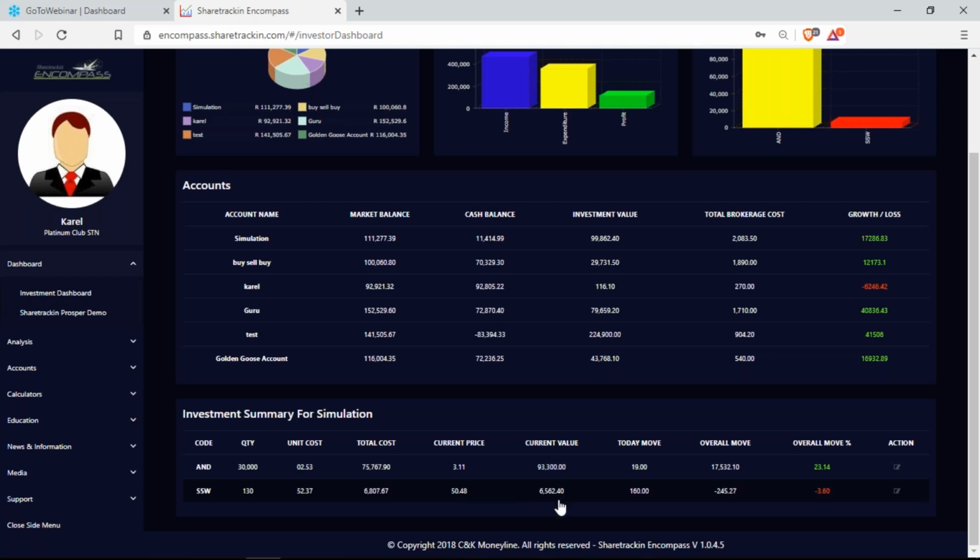And the current value is what the 130 shares is worth in the market now. Then we have today's move. We have our overall move in Rand. So there you will see I am in a minus of 245 Rand and 27 cents. That is 3.60% that I must grow, and then I made my money back. So anything above 3.6% is a gain.